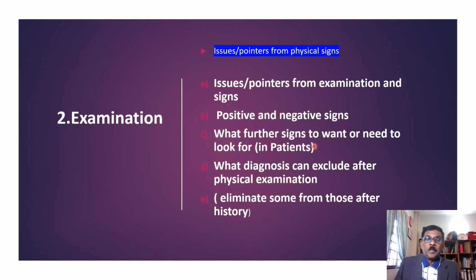After this, you decide what diagnosis that you can exclude after the signs that you obtain from the physical examination, that is, to eliminate some of the diagnoses from those that you have listed after the history.